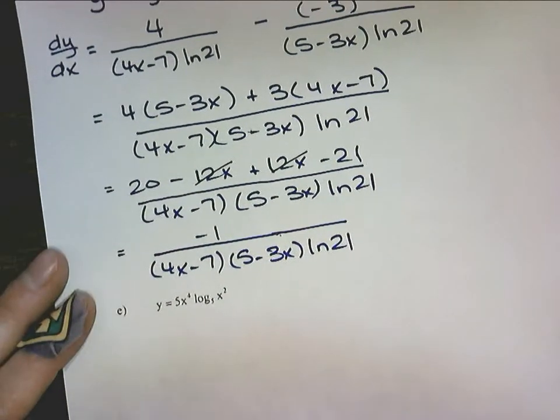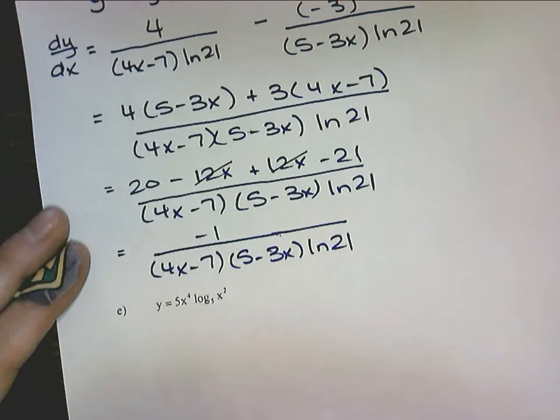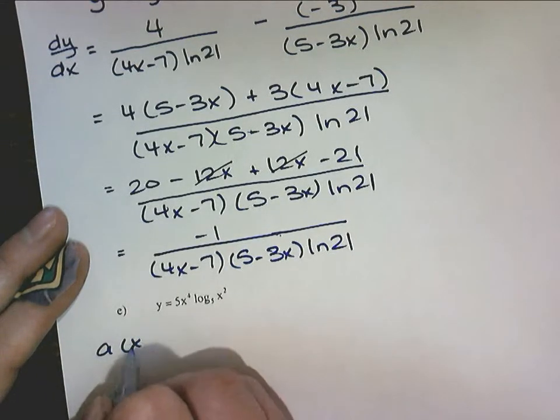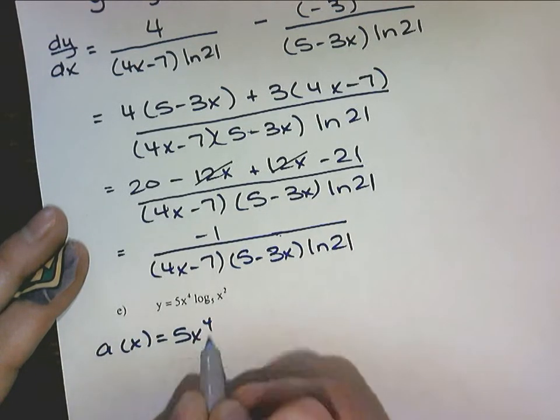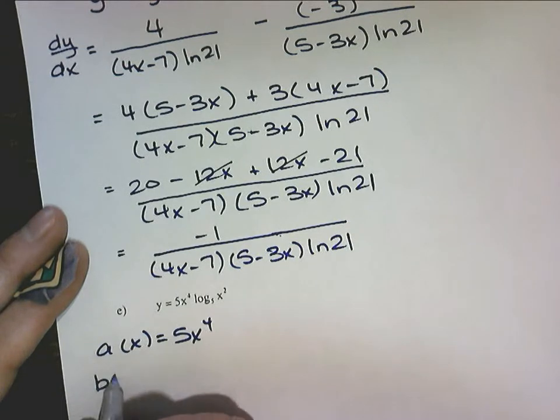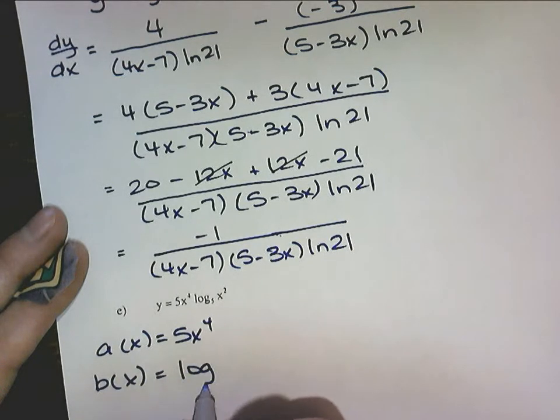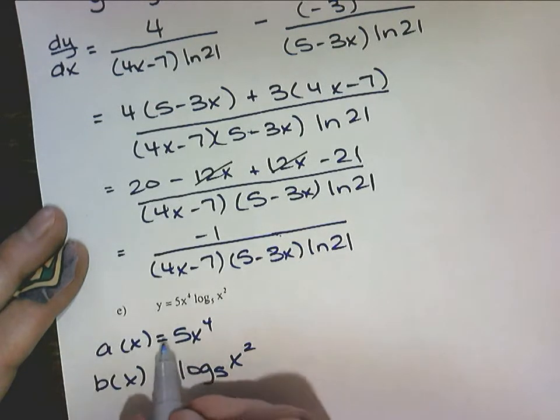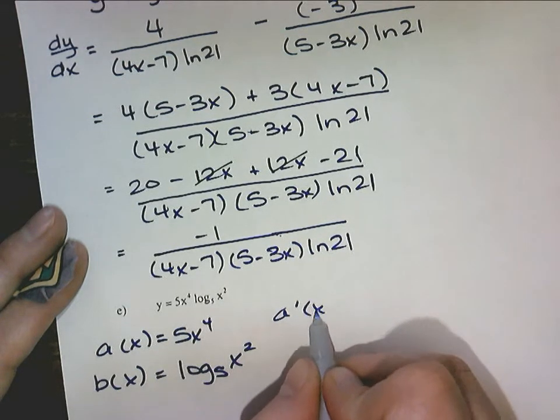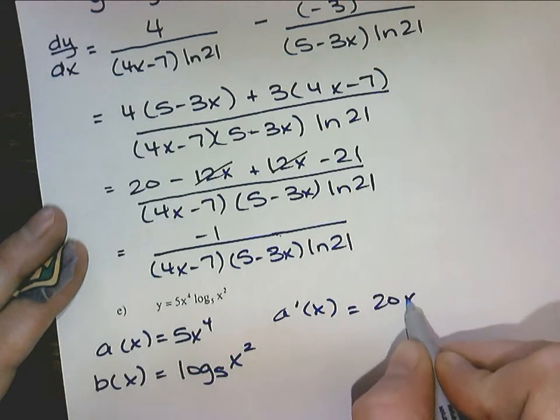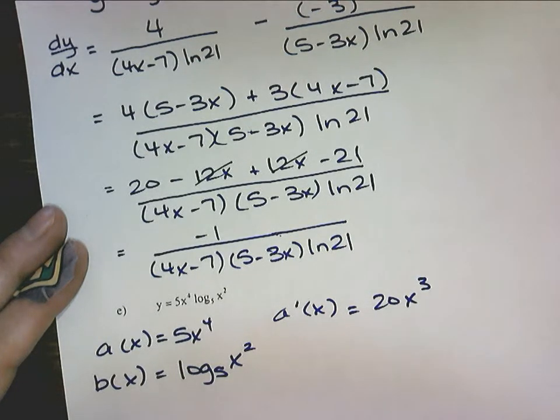Last example, we're going to use the product rule. So I can say that a of x is equal to 5x to the power 4, and I can say that b of x is equal to log base 5 x squared. Well, the derivative of a of x is a prime, and I get 20x to the power 3.